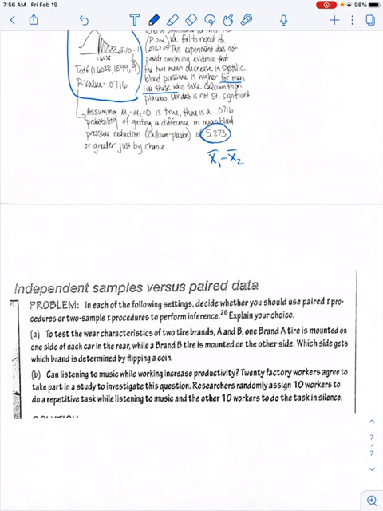Okay, you have a Honda Accord and I have a Ford F-150 Super Duty, whatever. Our tires are going to wear differently. So it's matched through the type of vehicle. So that would be a one sample matched pairs.